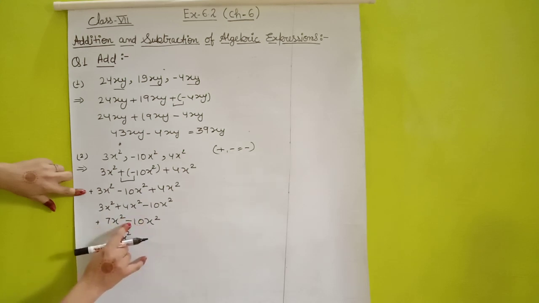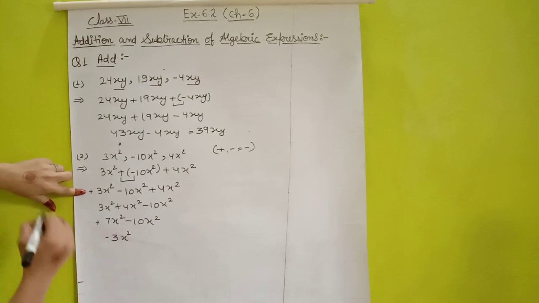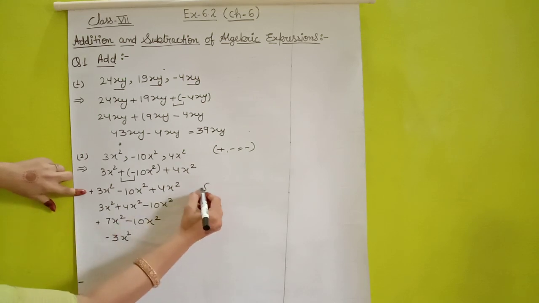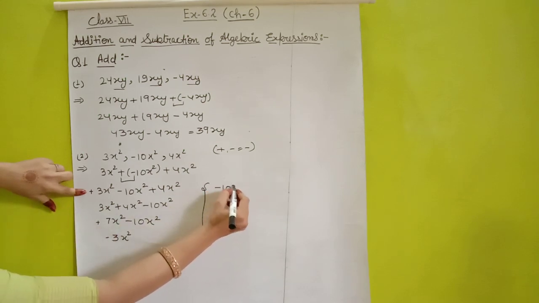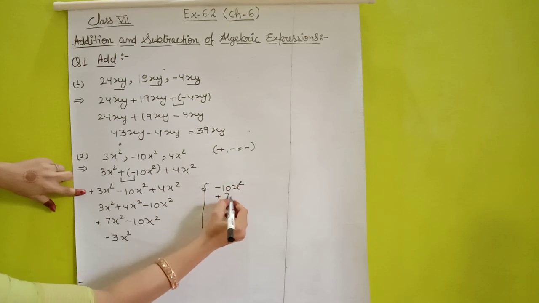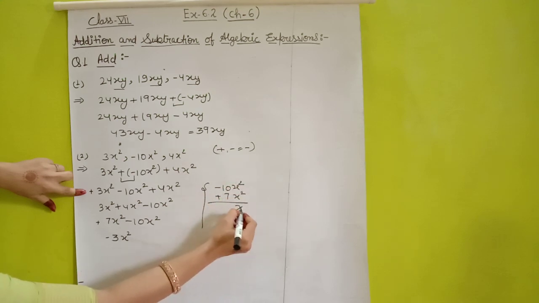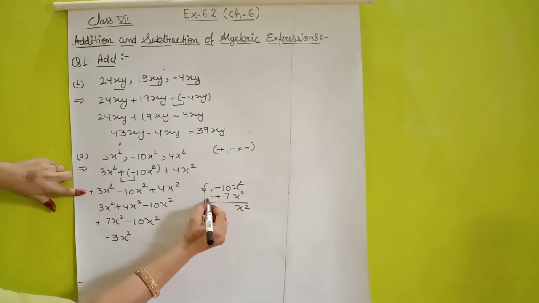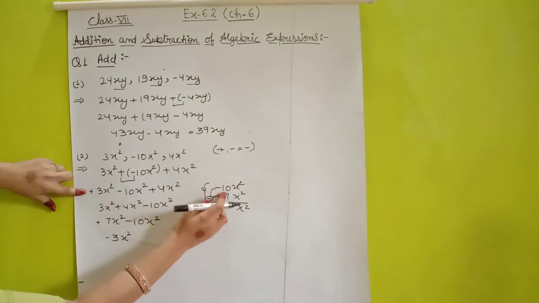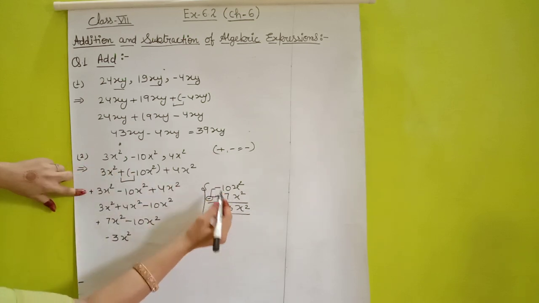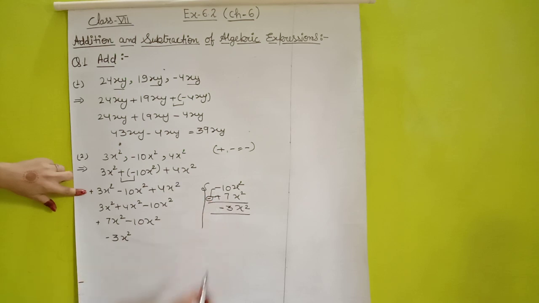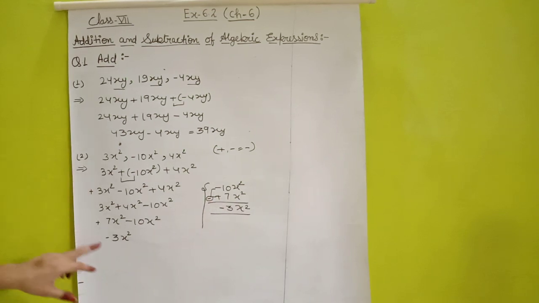And the sign of 10 is minus. So here minus sign will come. Or in rough column, minus 10x square plus 7x square. x square will come as it is. Minus plus will be minus. 10 minus 7, 3. And the sign of greater number will come. So minus 3x square is your final answer. Okay students?